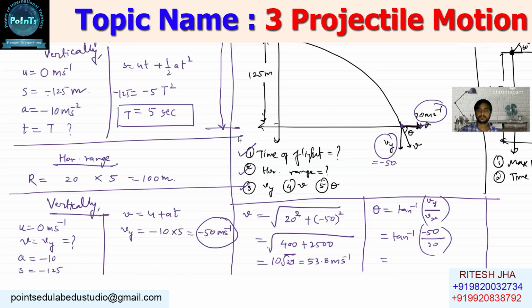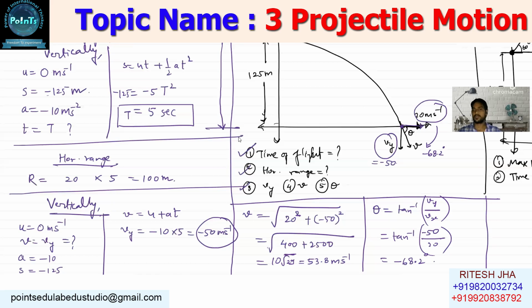Tan inverse of minus 50 divided by 20 gives minus 68.2 degrees. That means downward it is minus 68.2 degrees.